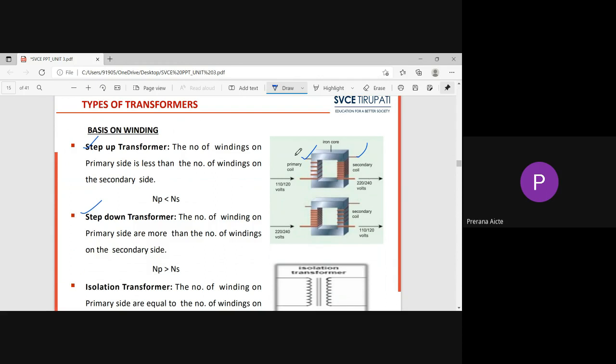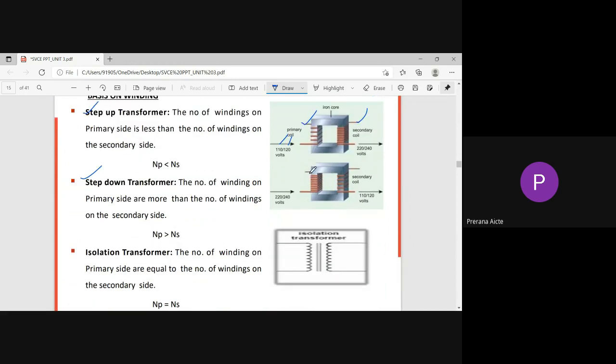See here, 110 by 120 volts. So 110 volts is the primary and 120 volts is the secondary. For that reason it acts as a step up transformer. See the second diagram, in this diagram it is 220 by 240.